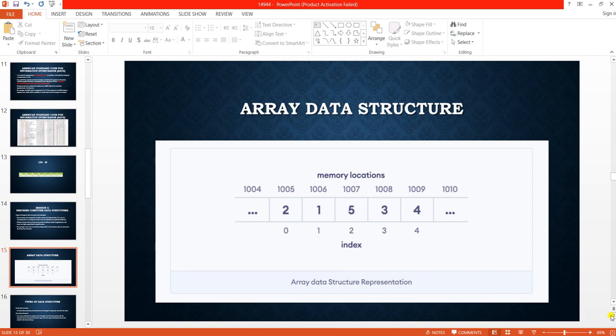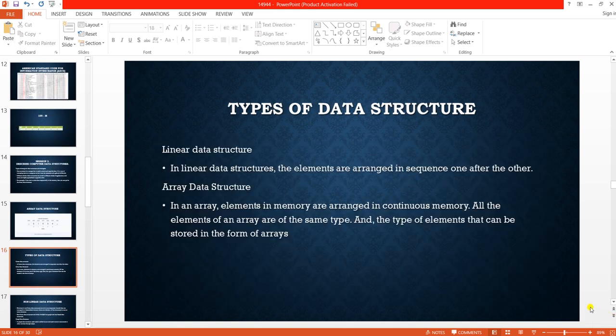Also, the types of data structure that we have: your linear data structure, which consists of your array data structure. In linear data structure, the elements are arranged in sequence one after the other. So an array data structure is a pure example of a linear data structure. As the word suggests, linear, it's a straight line, so everything is in sequence.